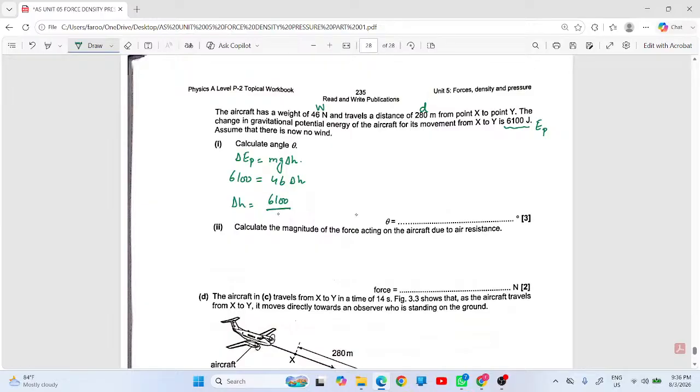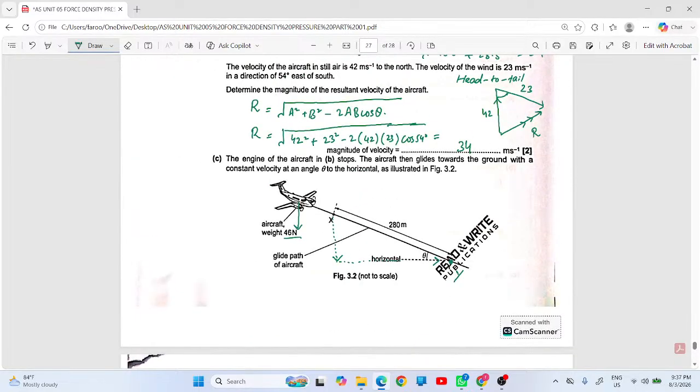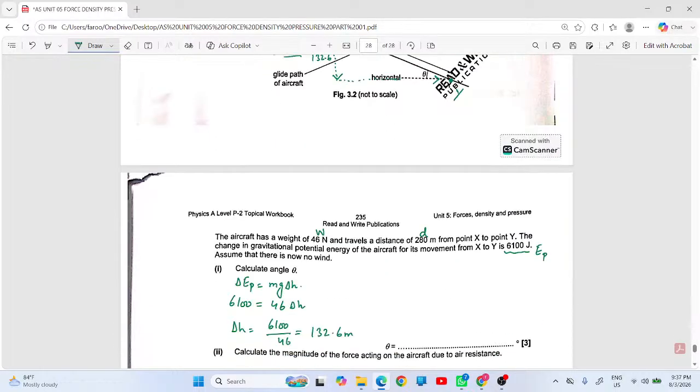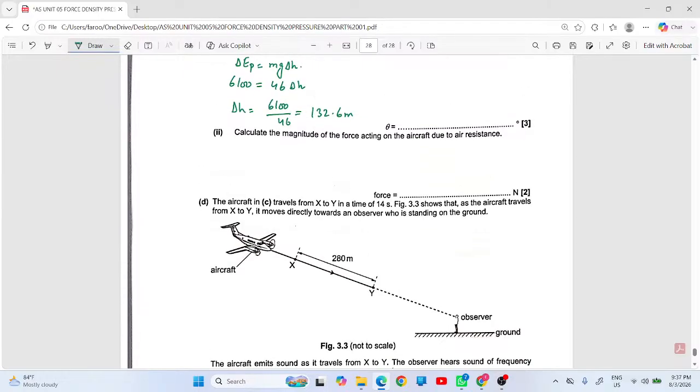करते हैं अभी. 6100 over 46 is 132.6 meter. This is the height. Now 132.6 is the height. Now sin theta लगा देते हैं, because sin theta होता है perpendicular over hypotenuse.